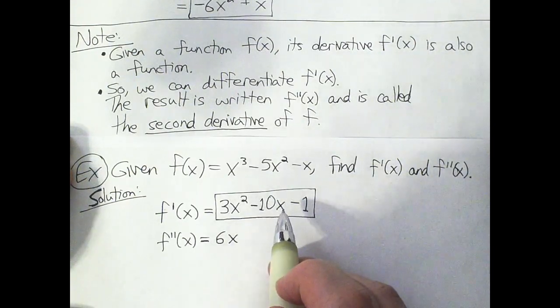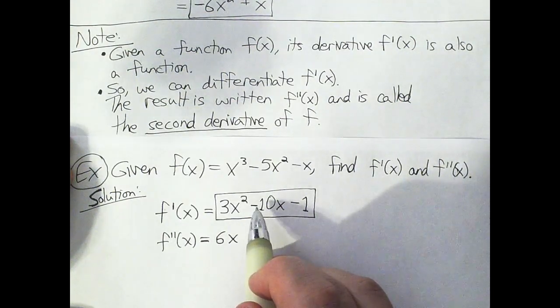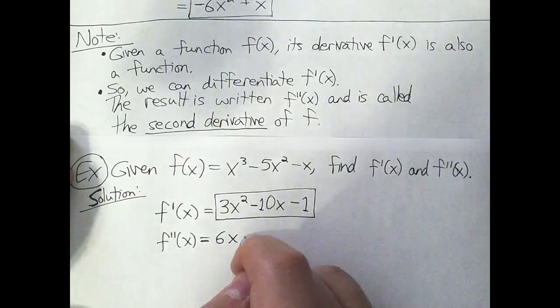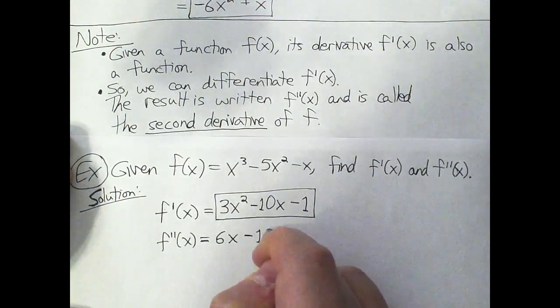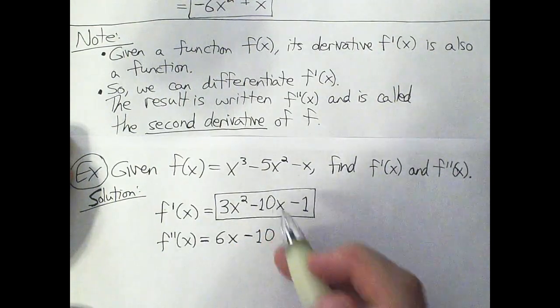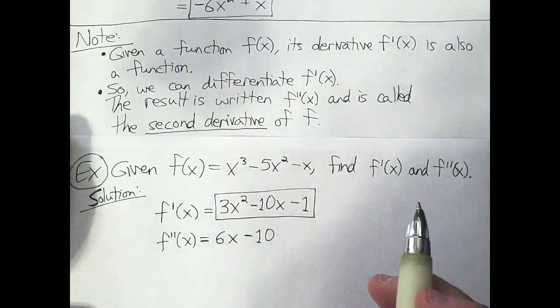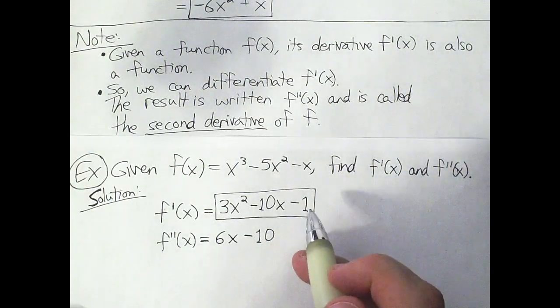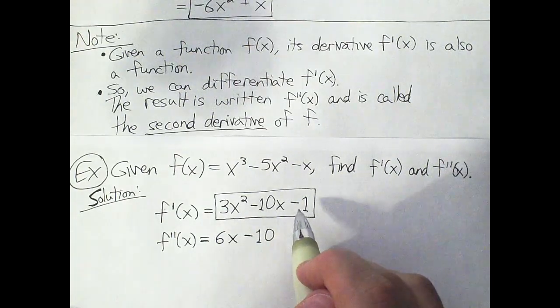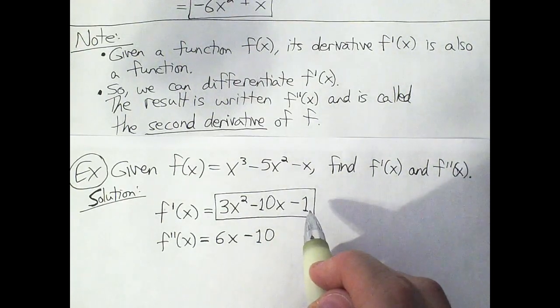We know the derivative of x is 1. The constant minus 10 is going to stay there. So we're going to have minus 10. Basically minus 10 times 1. But we don't write the times 1. And then this last piece, minus 1. What happens when we take the derivative of minus 1?